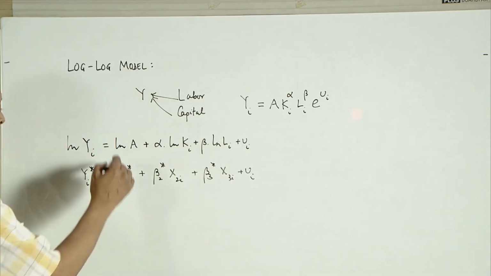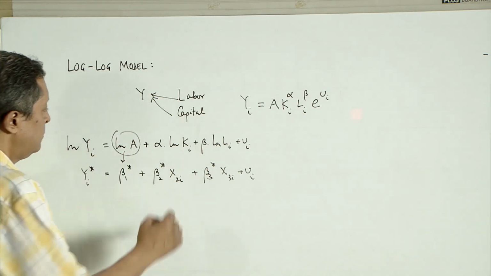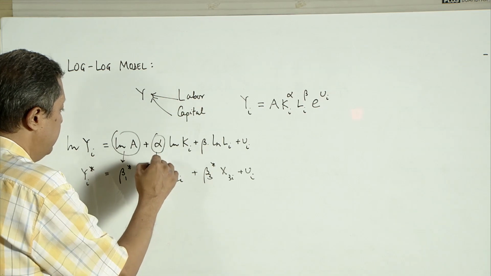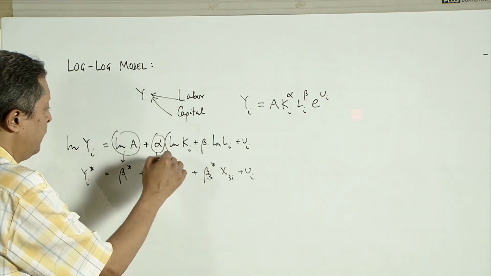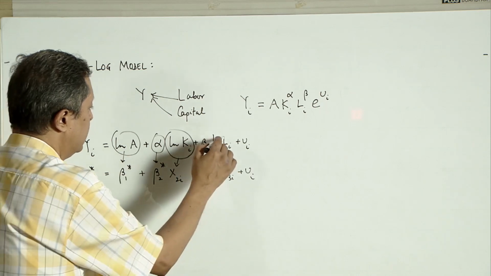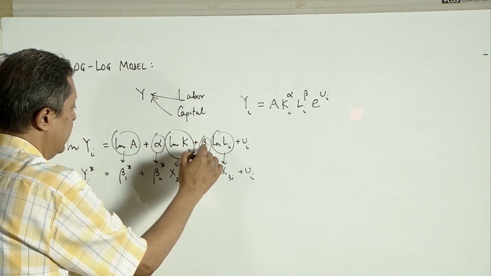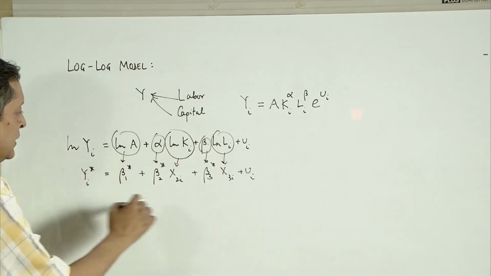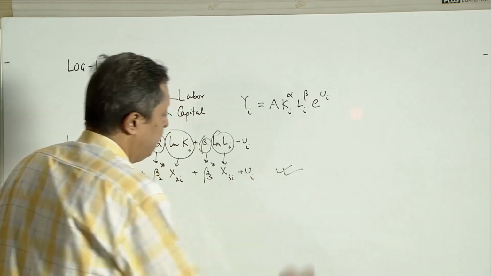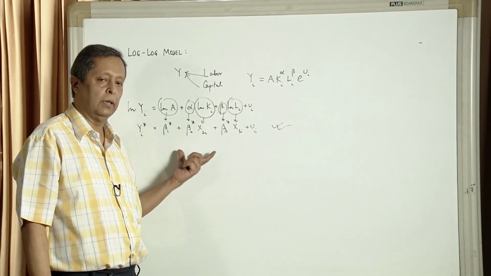So, what we have done is we have denoted log of A by beta 1 star, alpha as beta 2 star, log of ki as x2 and log of li as x3, while beta is denoted as beta 3 star. So, this format suits the classical linear regression model.